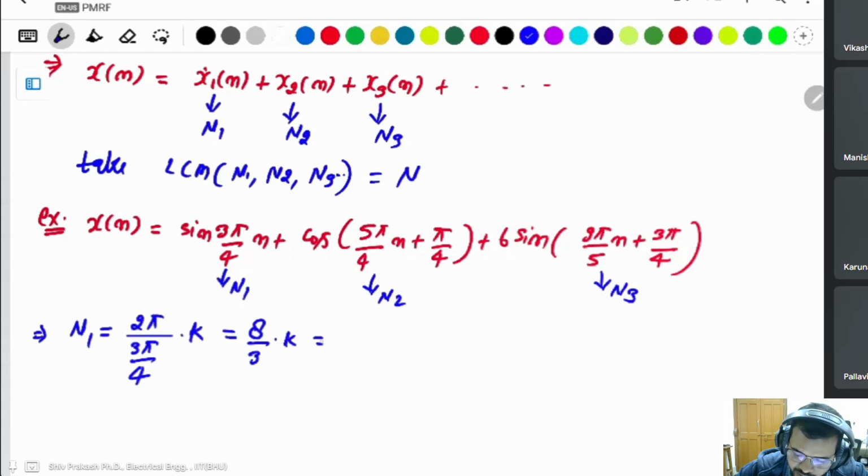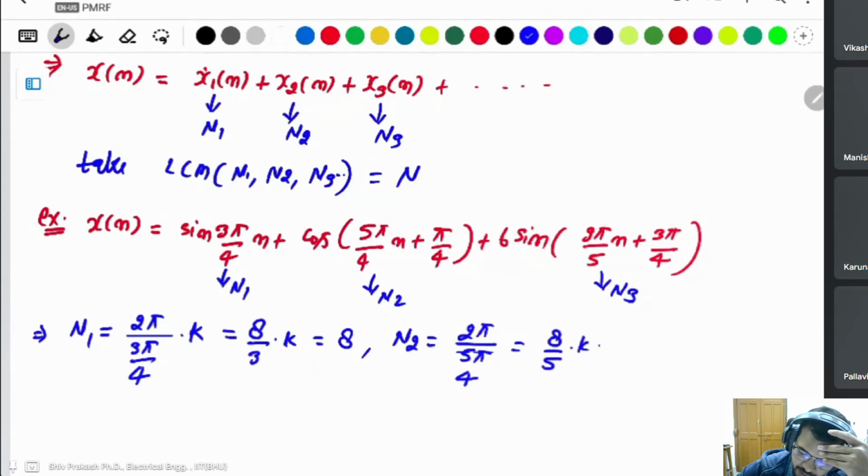Then k will be 3, so N1 is 8. For N2, same thing: 2π/ω, where ω is 5π/4, giving 8/5 times k. In this case k is 5, then N2 is also 8.